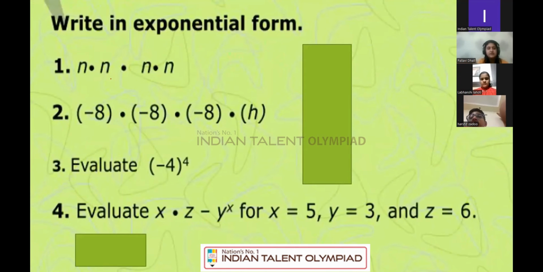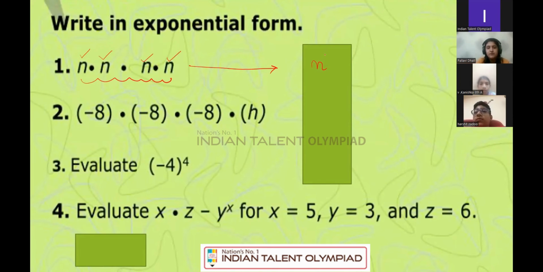Okay, what will be the answer if you write it in exponents? Can you tell me, Kanishka? n into n into n into n. How many times are we multiplying n here? Count it. 4 times.